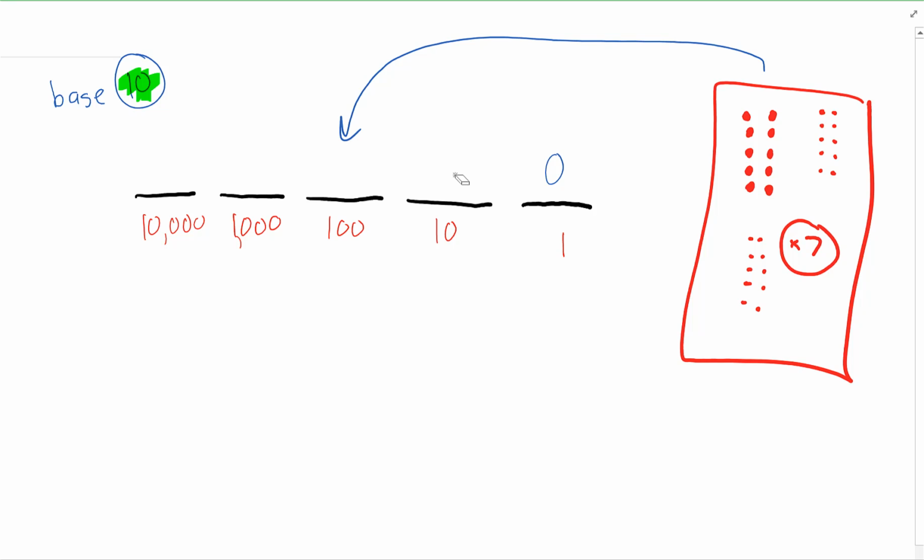So I say, okay, I have one group of a group of 10, 0 groups of 10, 0 left over. Maybe you notice that 100, that's 10 times 10, right? 10 groups of 10. So similarly, when I have 10 groups of 10, that's when I put a 1 here. This turns into 0, and what I have is 10 groups of 10. And so on and so on and so on.